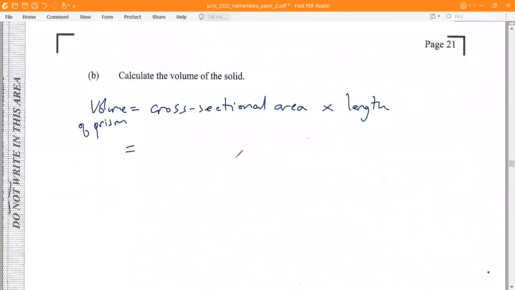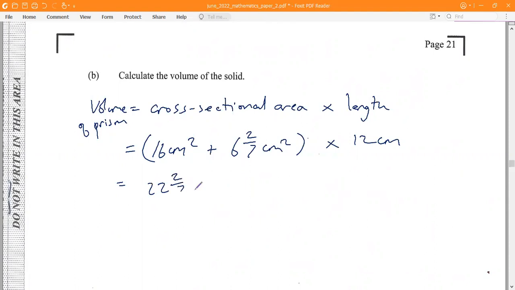What we're going to do is add the 16 centimeters squared to the 6 and 2 sevenths cm squared, and then multiply that by 12. The length of the solid is 12 centimeters. So 16 plus 6, we have 22 and 2 sevenths centimeters squared times 12 centimeters.